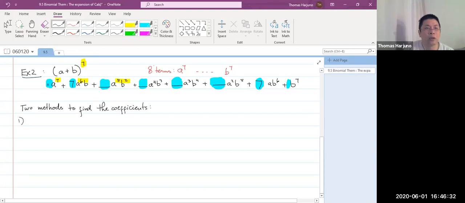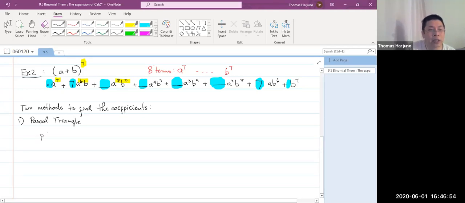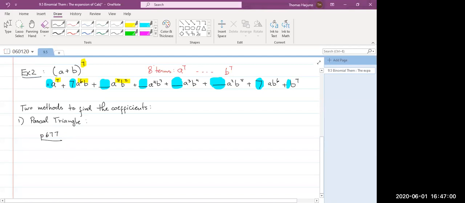The first one is we can use Pascal's triangle. They call that Pascal's triangle, but as I know, according to history, plenty of people already knew this fact. You can see this Pascal's triangle on page 677 in our textbook. It's basically as the following.